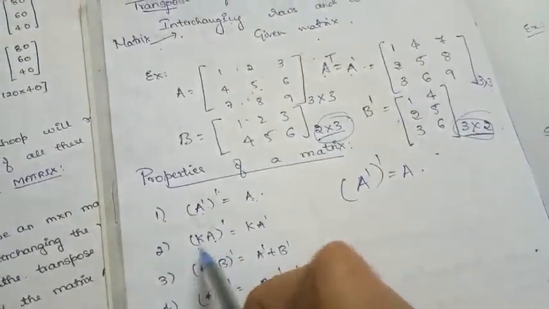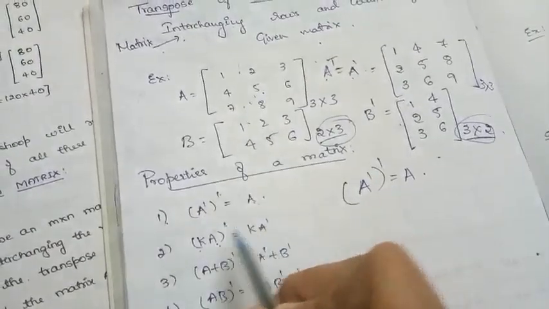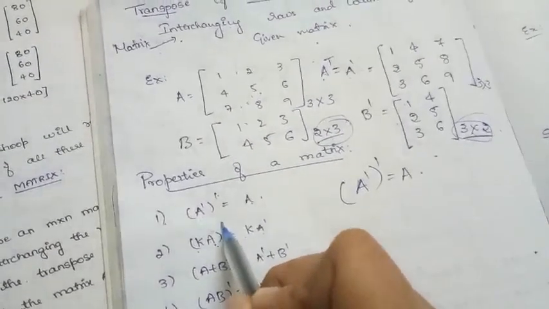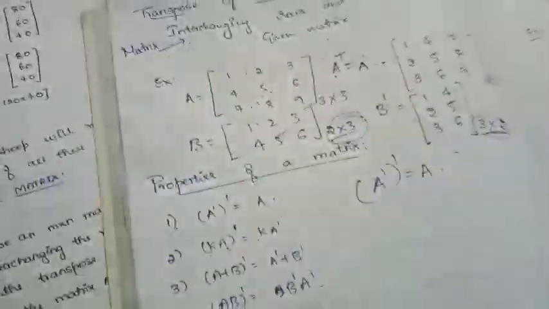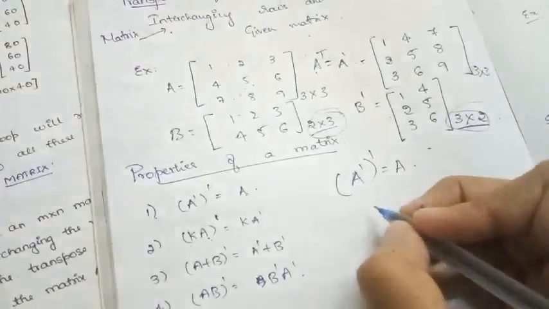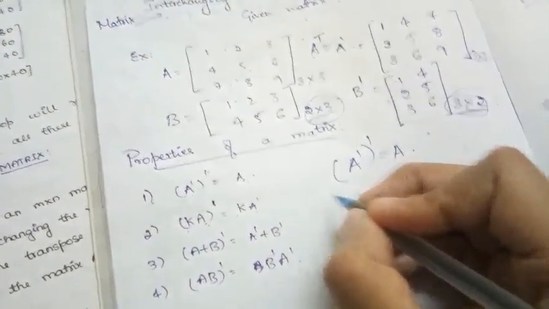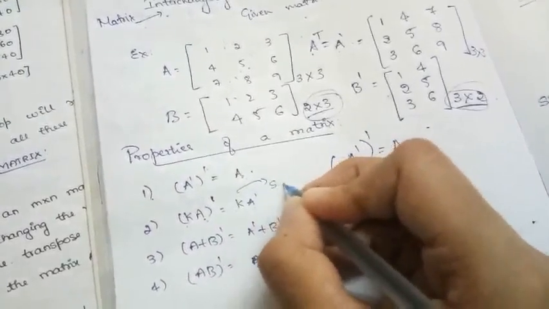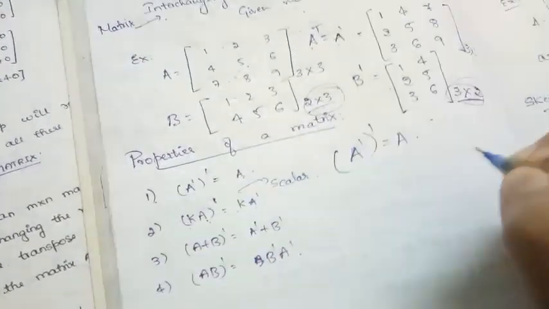And here, the transpose of K A is equal to K times A transpose, where K is our scalar.